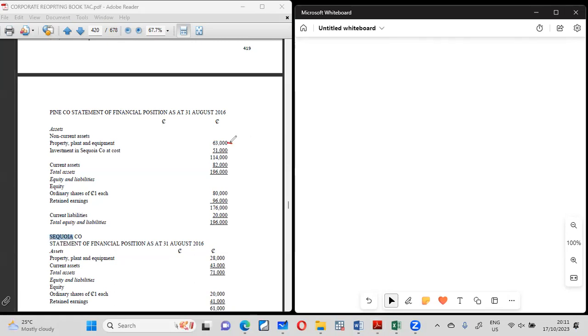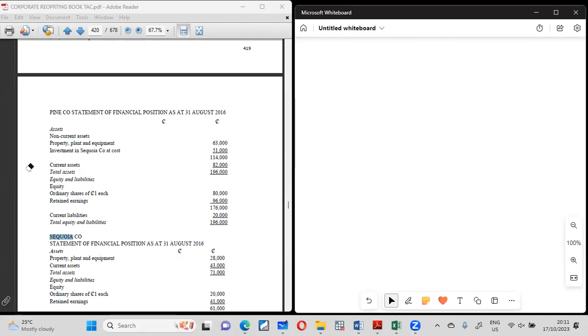So PPE will be this one plus this one. But you don't just punch it on your calculator. You show it on the face of the balance sheet. So I will show you how we do that. So we've seen the balance sheet of the two companies. So we will be doing line by line addition when we get there.